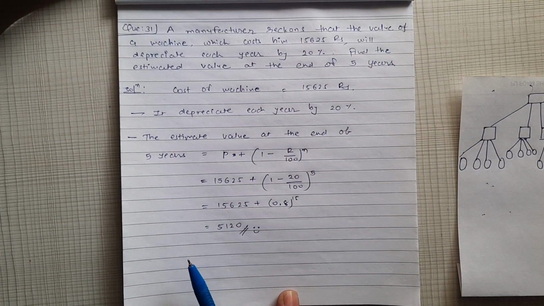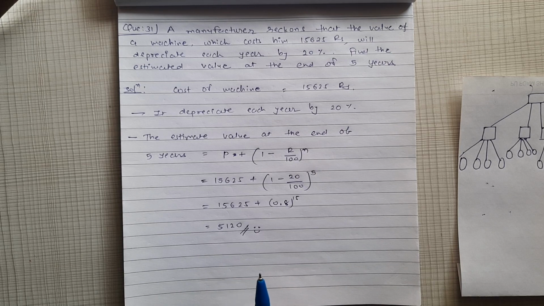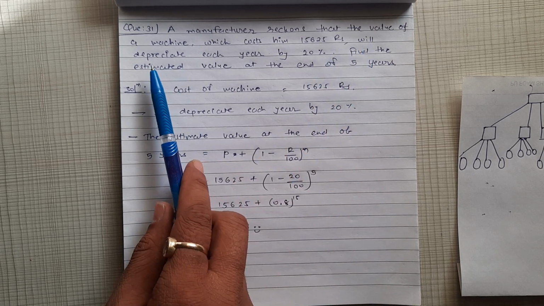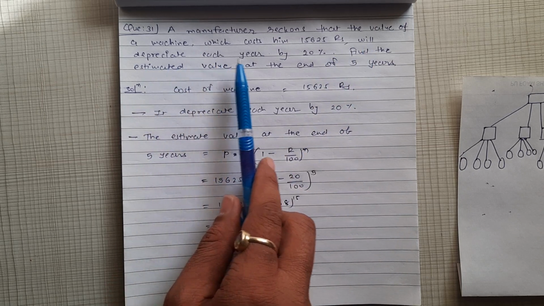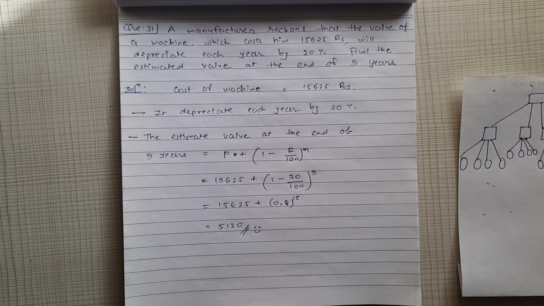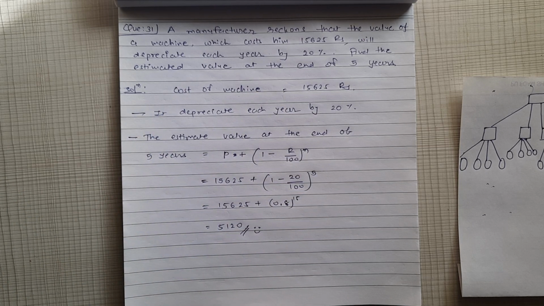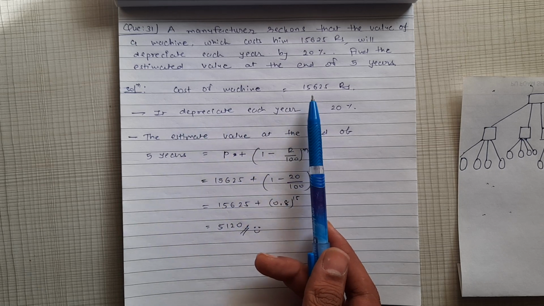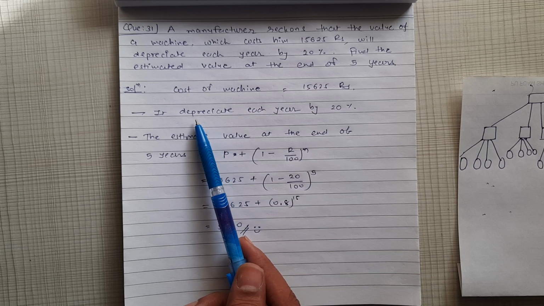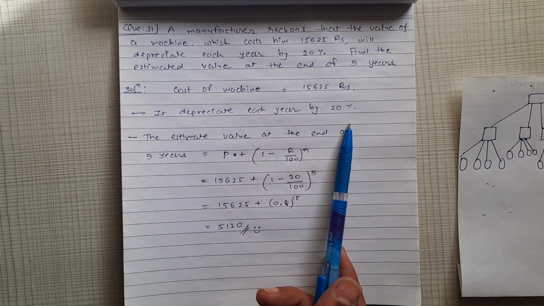Now, a manufacturer reckons that the value of a machine which cost him 15,625 rupees will depreciate each year by 20%. Find the estimated value at the end of 5 years. So the total cost of the machine is 15,625 rupees. It depreciates each year by 20%.